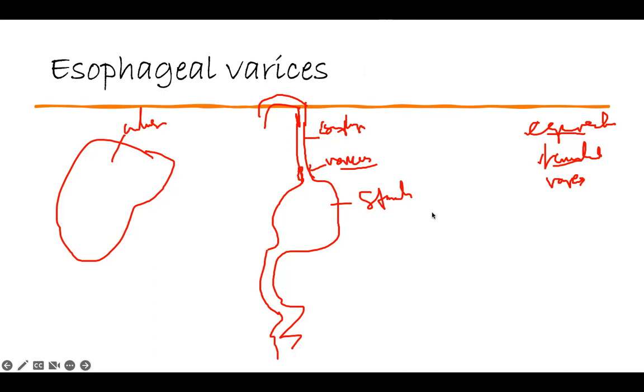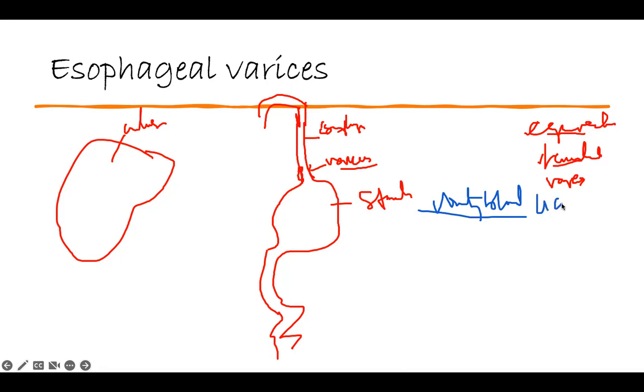So if they give you a patient vomiting blood who has end-stage liver disease, somebody with cirrhosis, that is your clue that a patient has esophageal varices.